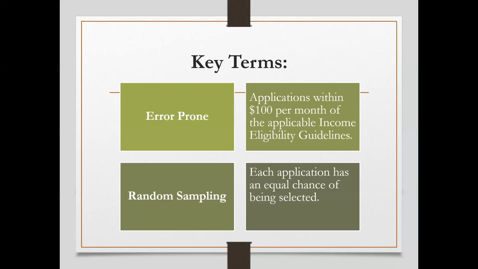You're going to understand why this term is important as we go through the verification methods. And then lastly, random sampling is each application has an equal chance of being selected. So that also is another key term.